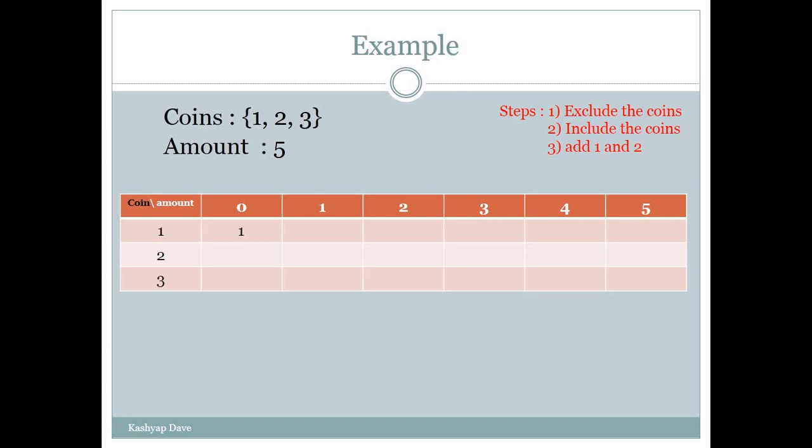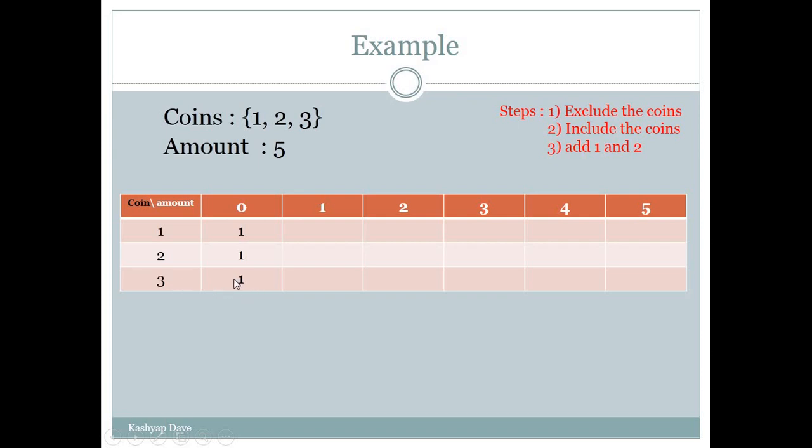In the same way, if we do not use our 2 rupee coin, then that is one way that we can make our 0 amount. Again, if we do not use the 3 rupee coin, then we can make an amount of 0.